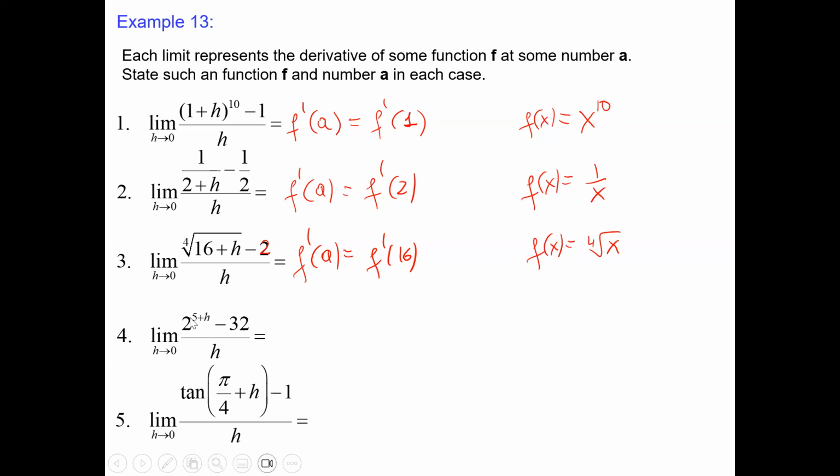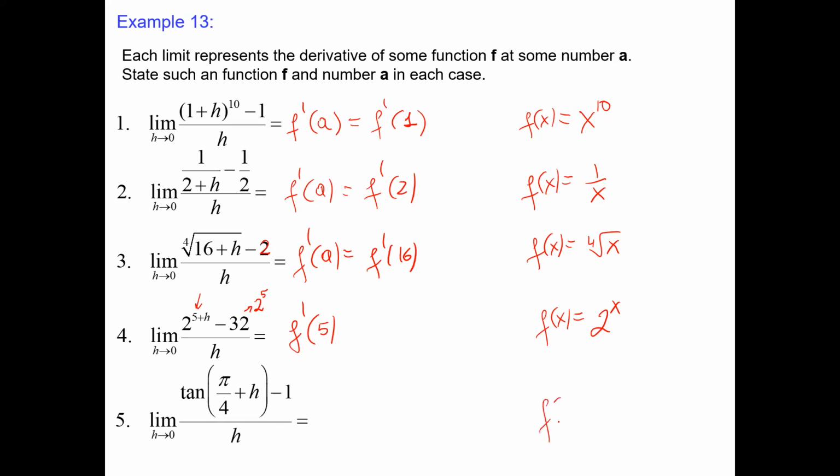Okay, now number 4, limit as h goes to 0, 2 to the power of a plus h minus 2 to the power of x. I can even start right away: 2 to the power of x. And this is the derivative at 5, because this is f of a, 2 to the power of 5, which is 32. Okay, and now limit as h goes to 0 of tangent of pi over 4 plus h, minus 1, over h.